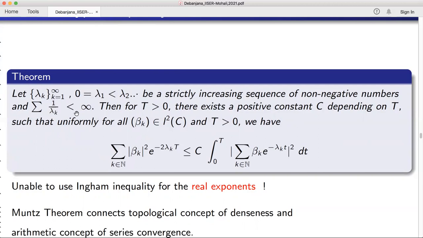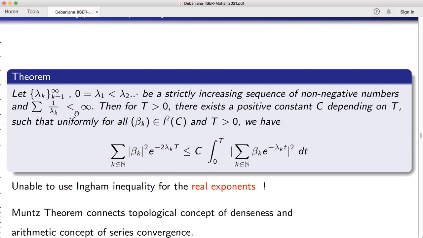So for such exponentials, do you have any inequality or not? Just to note, we started with the wave equation, and the expansion of the wave equation involves e to the power i omega_k t. It's complex. But this case is typical for the heat operator. If you see the Laplace operator in one dimension, the eigenvalues are like minus k squared.